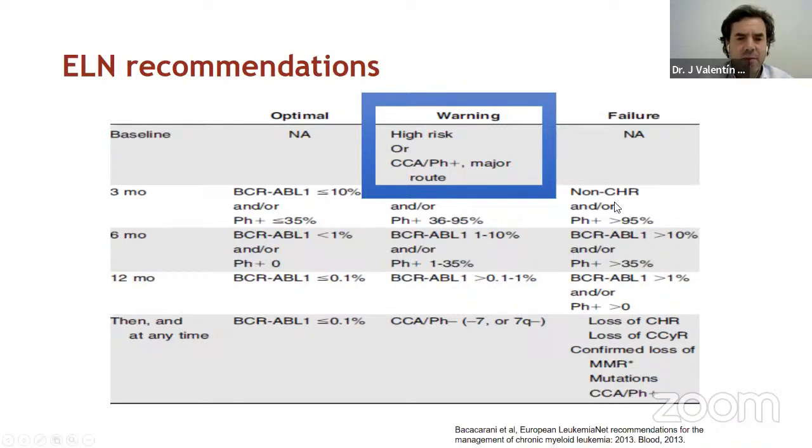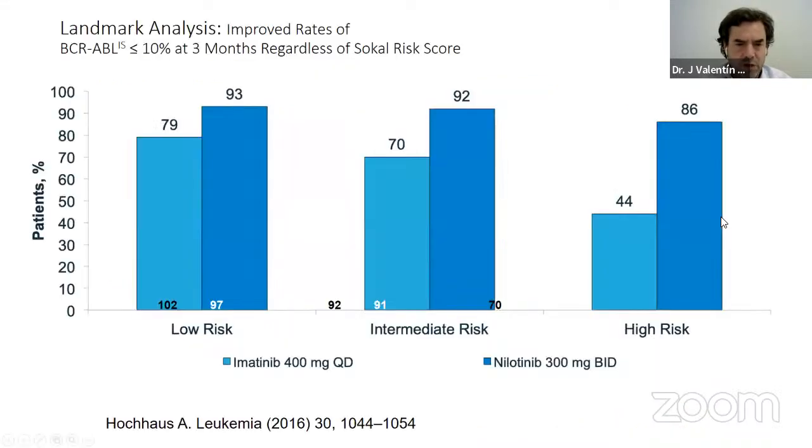And they tell us about the high risk regarding the prognostic model that I'm going to show you in the next slide, or, as we've seen in the previous presentation, those patients that present at the moment of diagnosis cytogenetic alterations.